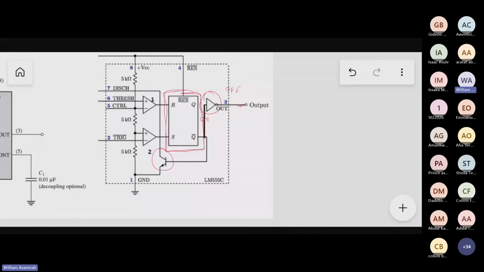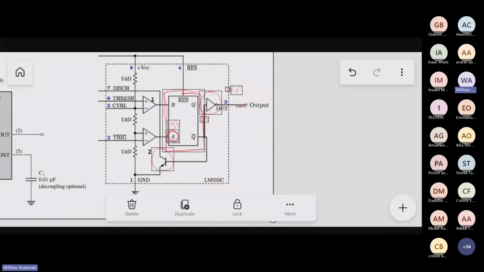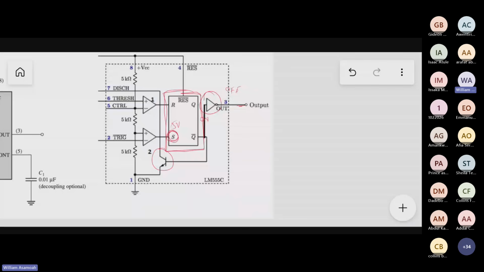If S is on, that means 5 volts of current is flowing through it, the output will be off because it sets this one low, and then it makes this one 0. So when it puts this one high on 1, it will put this one off.